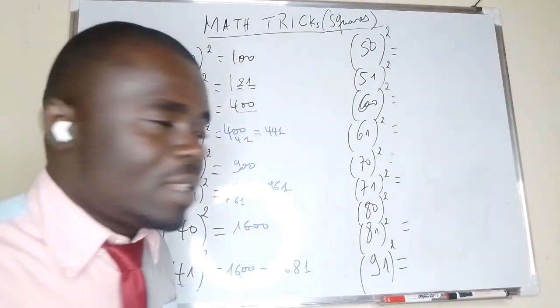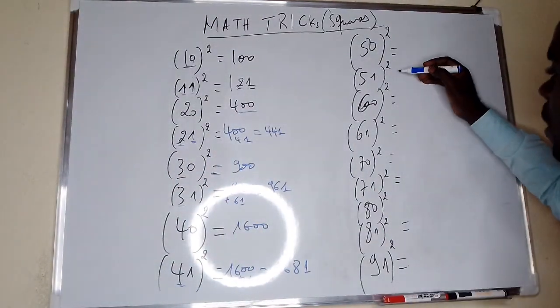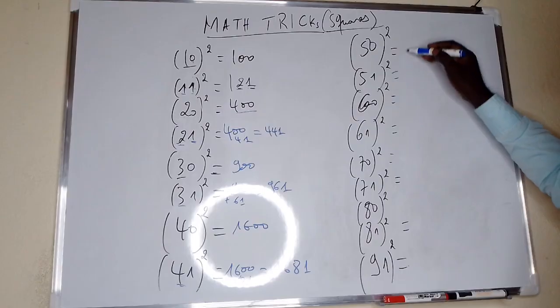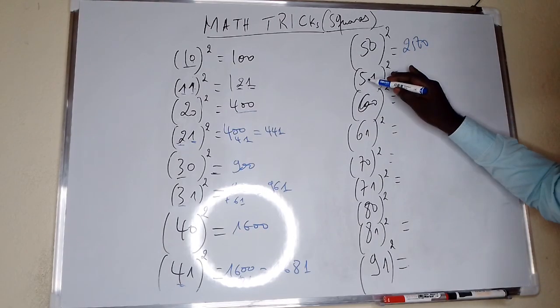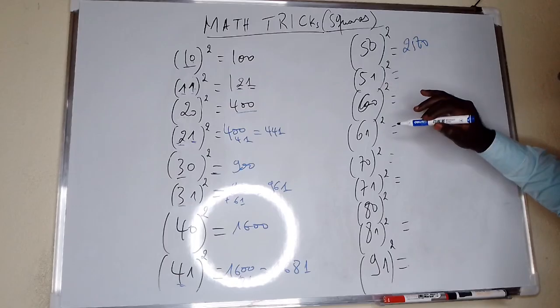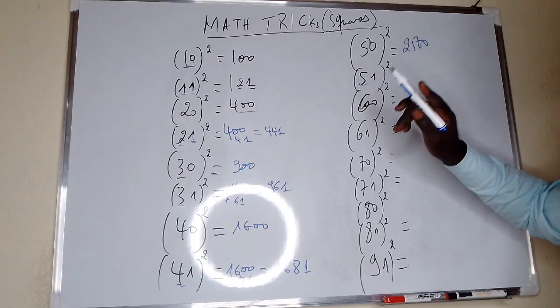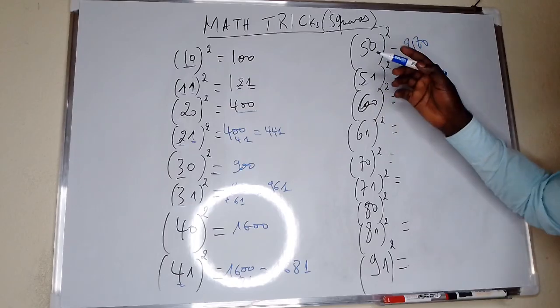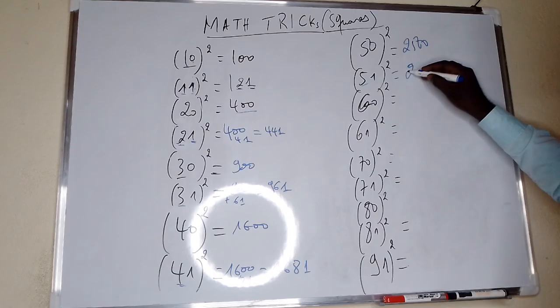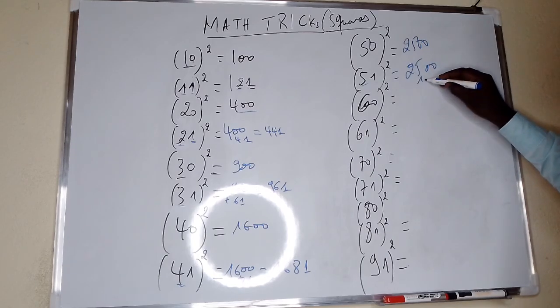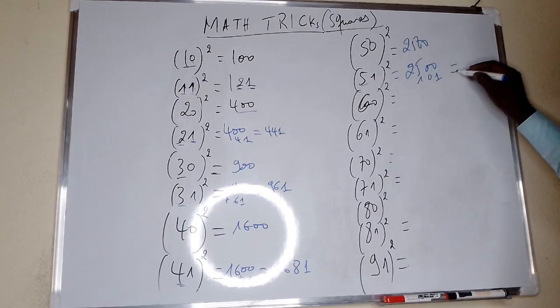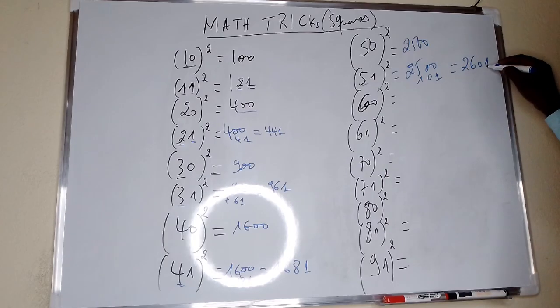I hope that you can use this. And by using this, what will we have here? We know that 50 squared is 2500. Then we add 101, because 50 times 2 is 100, then plus 1. So we get 2500 plus 101, then we get 2601.